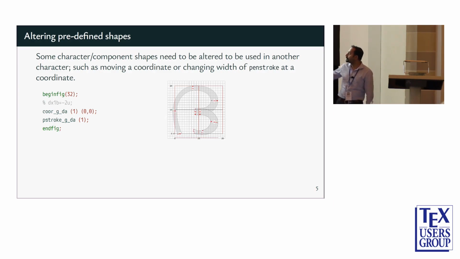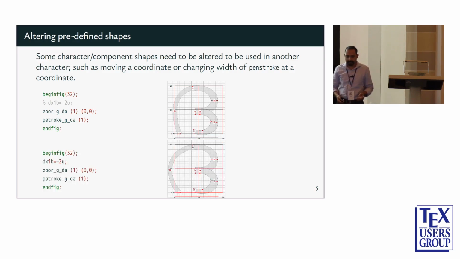And let's say I want to move the point 1b, which is the second point starting from the left, even further left, and I uncomment that commented line, dx1b by -2 units, and it moves the specific coordinate to the left, and the curve or the shape is altered. Now this is taken care of in the coordinate macro itself. So if there is a dx defined for that particular point, then it takes it into consideration, and when we do the pen stroke, it's already taken care of.